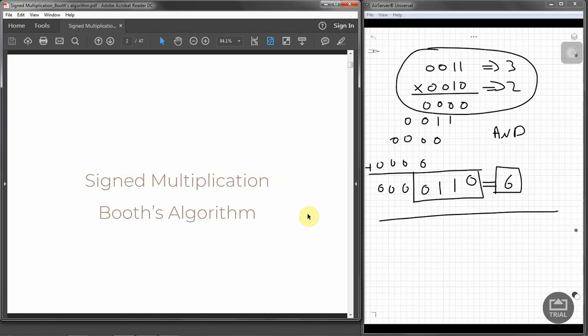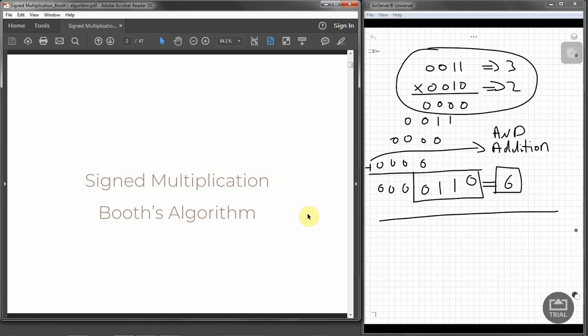Then we perform addition. So inside of our arithmetic logic unit, we have the logical unit which performs AND or XOR operations, and also we have an adder which performs addition and subtraction operations.